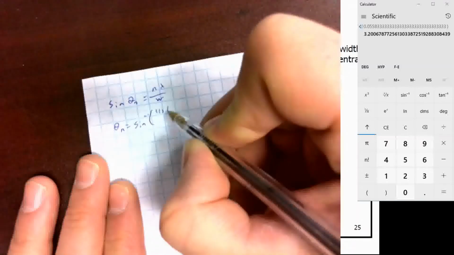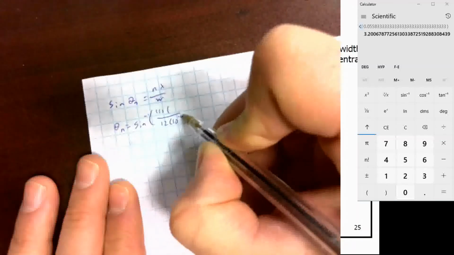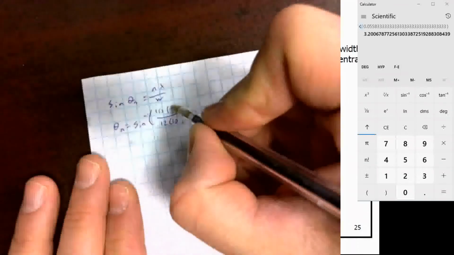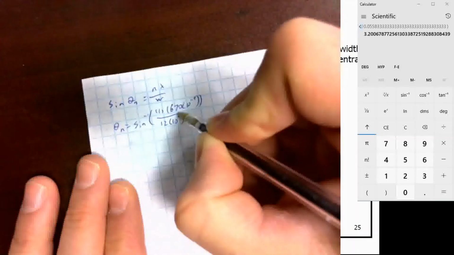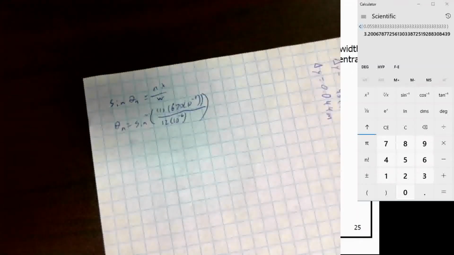Our light, I can't remember what that was, but this is 12 times 10 to the negative 6. It was 670 nanometers. Notice how I didn't need to use the value that was given in terms of the length for this.